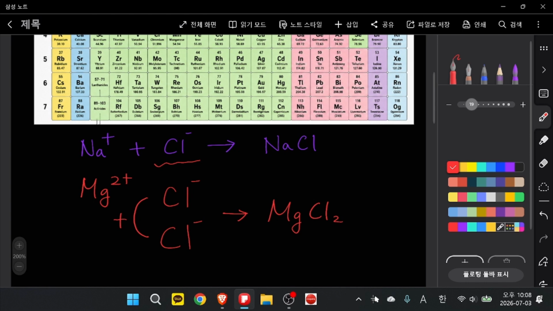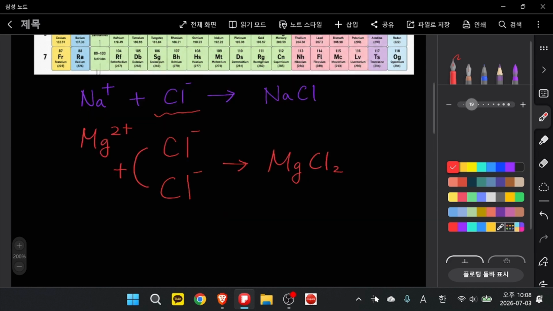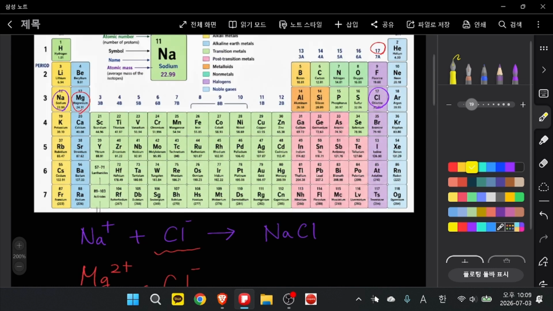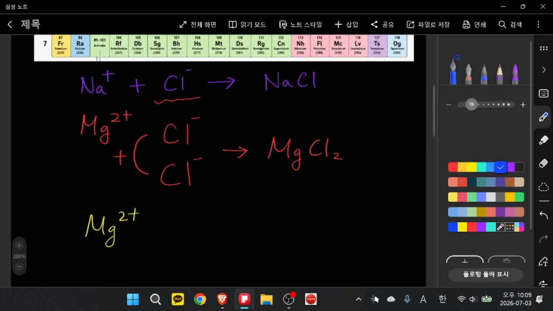Now for one more example, magnesium becomes Mg2+, while nitrogen gains 3 electrons and becomes N3-. Now we need to balance the charges.